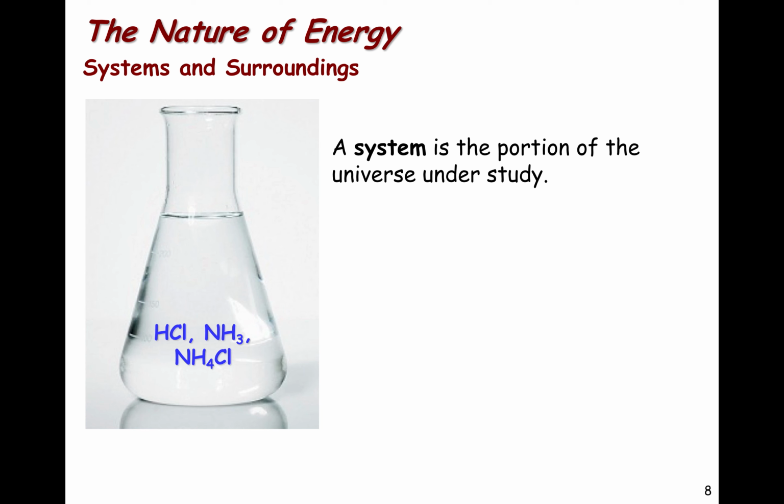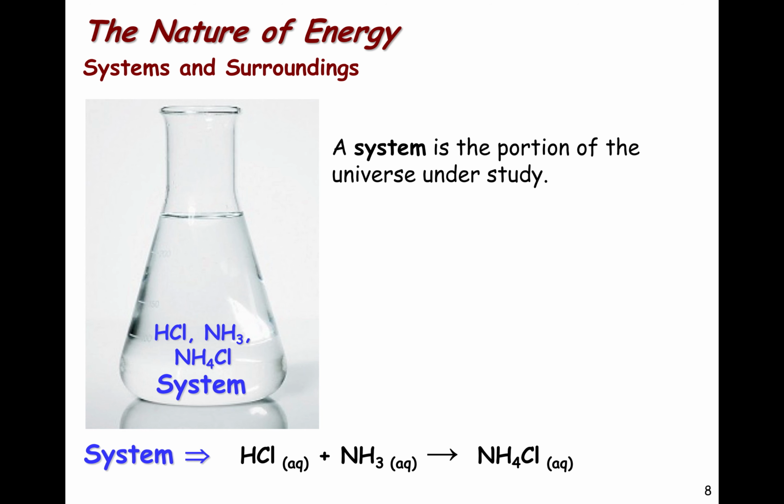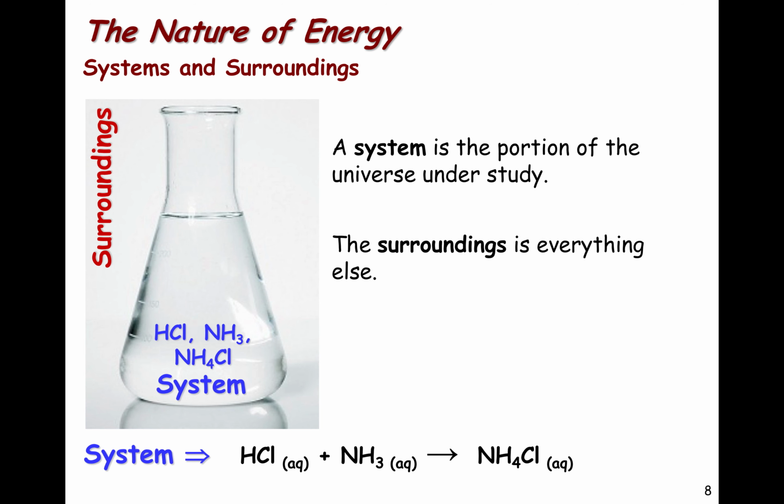And so to define our system in this case, the system is defined as the chemical reaction that occurs when HCl reacts with ammonia and forms ammonium chloride. The surroundings are everything else. So the surroundings include the water, which is the solvent, and the flask and the air that is then surrounding that flask.